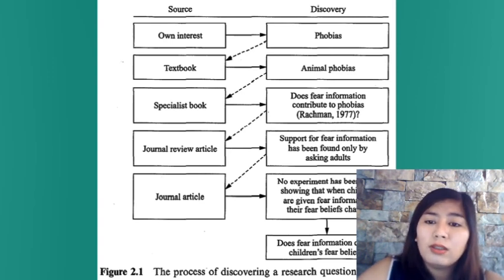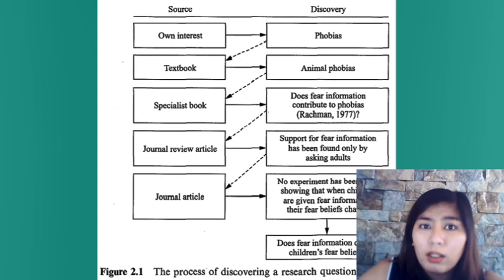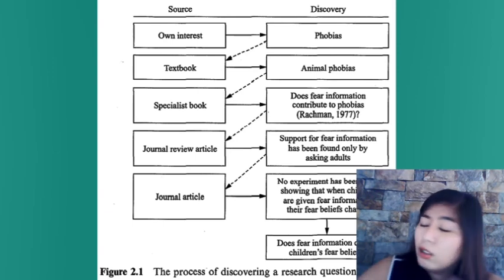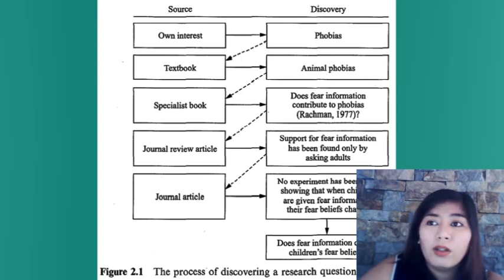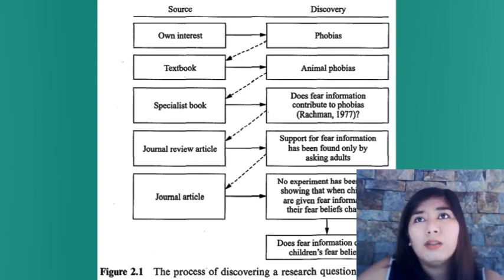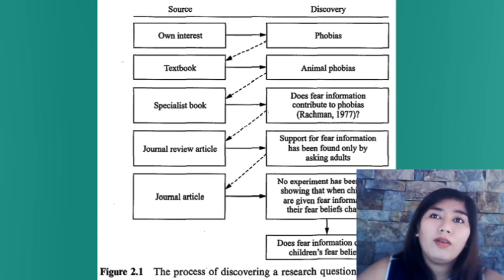Since the author narrowed down from phobias to animal phobias, he can work his way down to the details about animal phobias, which in this particular area, he's looking at the information process or learning of information about animals, and the perspective as to how we take in this information.